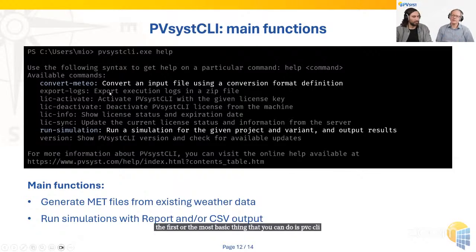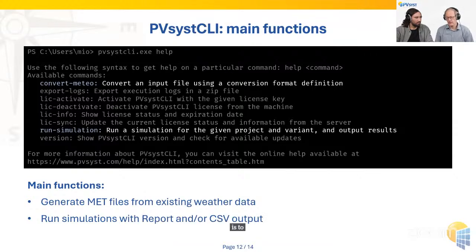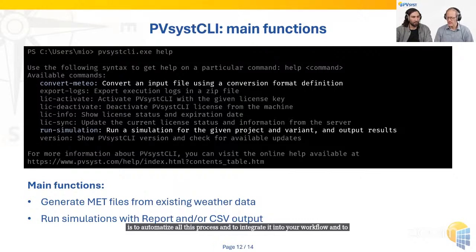But of course, in a real use case, you won't be typing commands on a terminal all the way to use PVsystCLI. The whole idea of this is to automatize all this process and to integrate it into your workflow and to operate PVsystCLI from scripts.